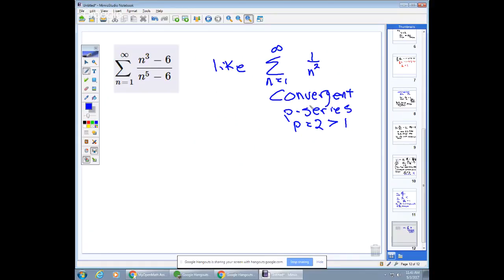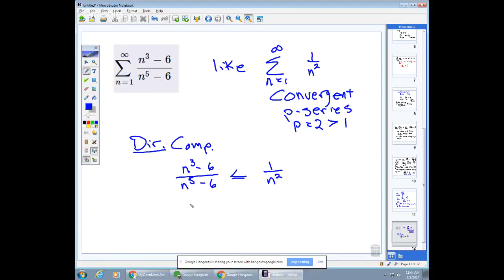So if it's convergent, I want these guys to be bigger than those guys, and I wonder what that inequality might look like. And so I could say, oh, let's try direct comparison just for fun. For direct comparison, I'm hoping that the (n cubed minus 6) over (n to the 5th minus 6) is less than or equal to 1 over n squared.